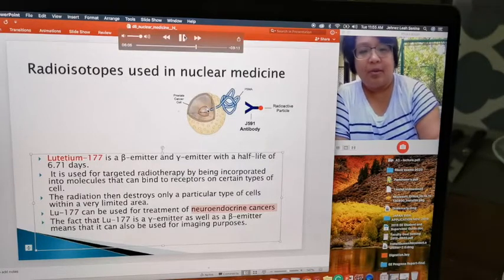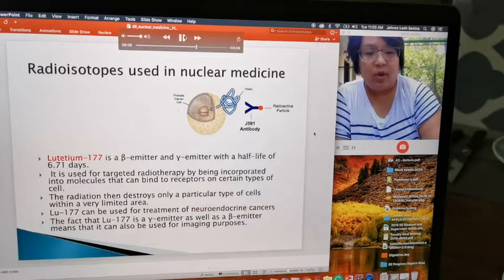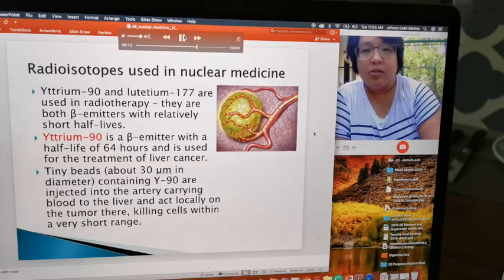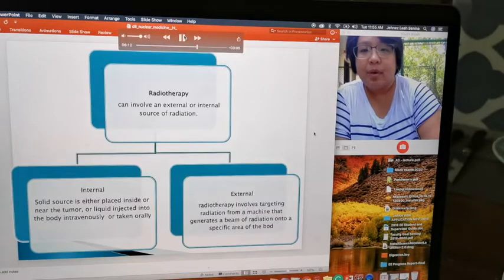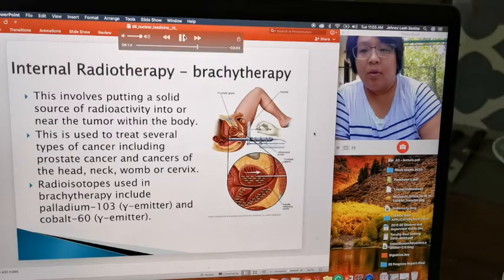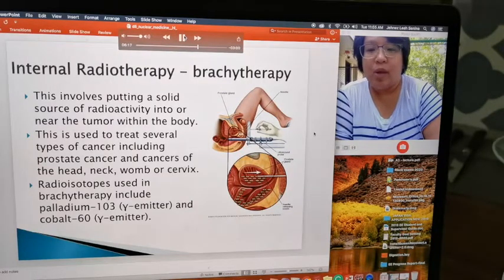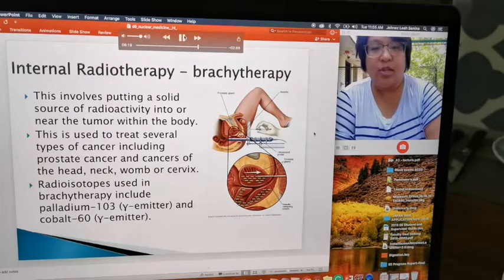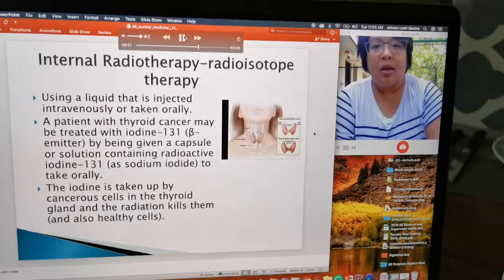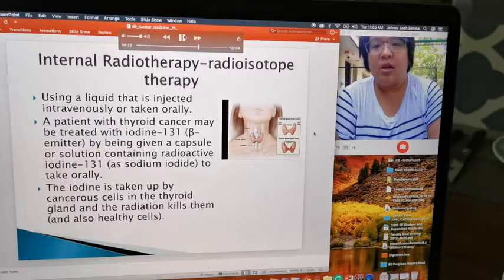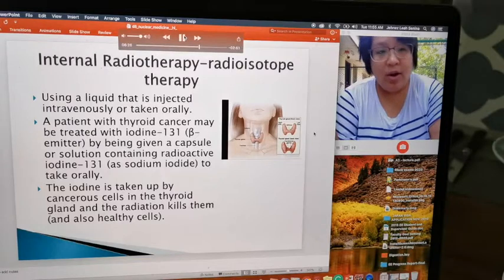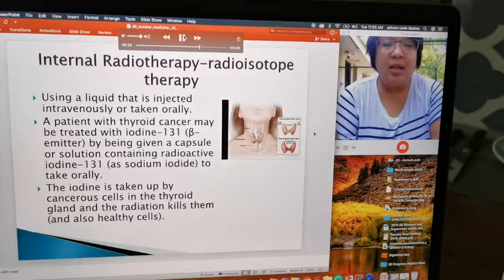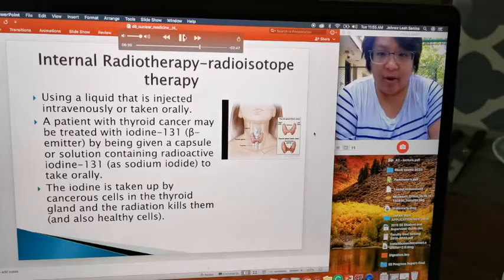All right, so let's review all of those examples we've discussed so far. This one is palladium 103 or cobalt 60. We use them in brachytherapy. Another one is iodine 131. We use it to treat and kill cancers of the thyroid.